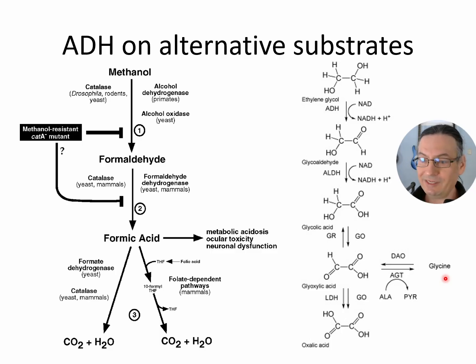And this is a cool example of multiple endpoints, where depending upon what enzymes are active at the time, we could have pathways that are either going back and forth, or we could have things that basically go to a non-toxic form or to a toxic form of it. Now, ethylene glycol toxicity shows up every once in a while.